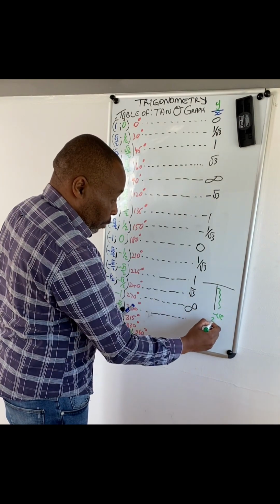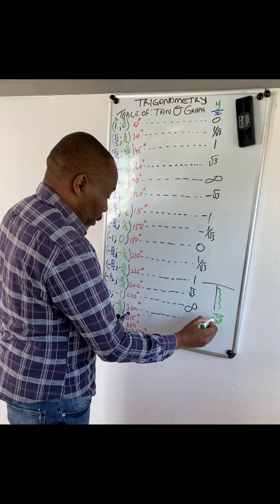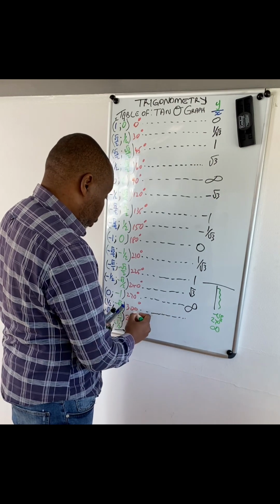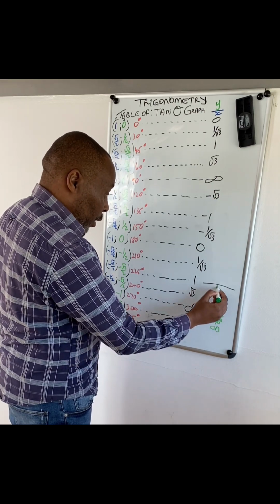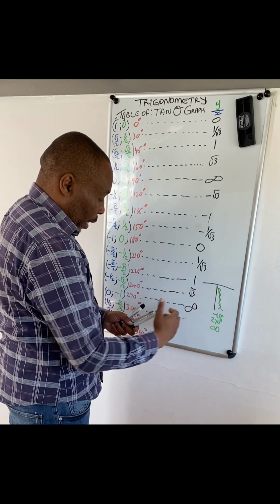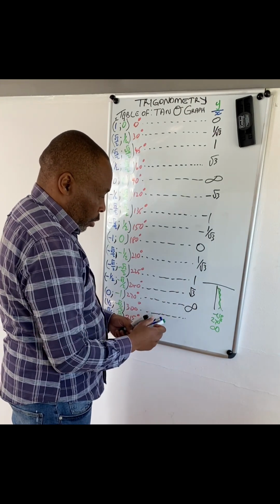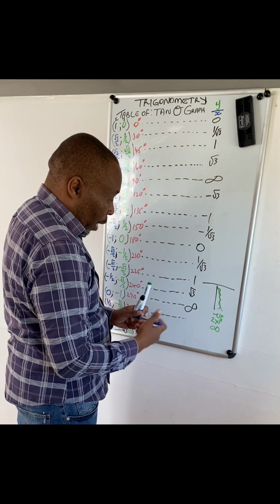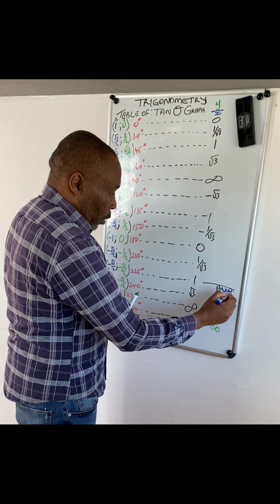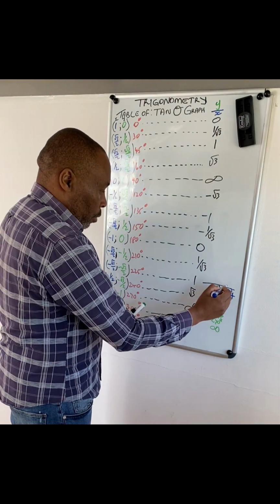And 270, remember, is right here, where it is undefined. But when we move beyond 270 and we are here at 300, it becomes negative.